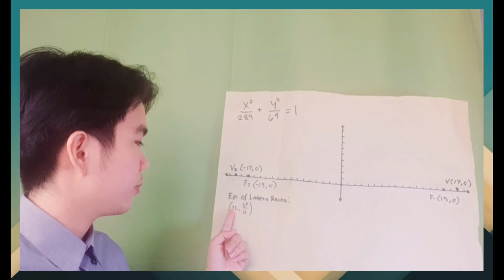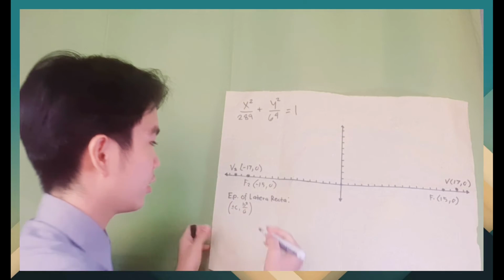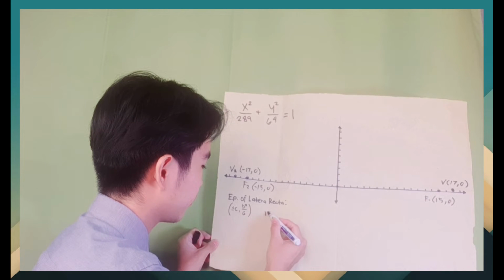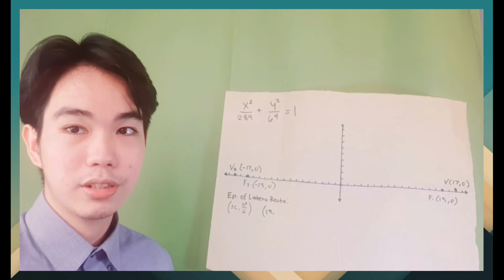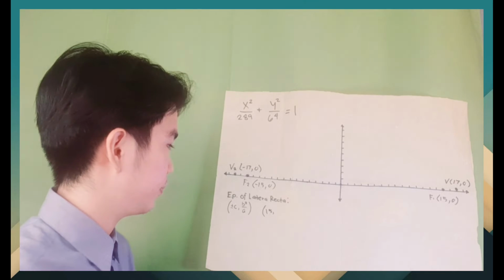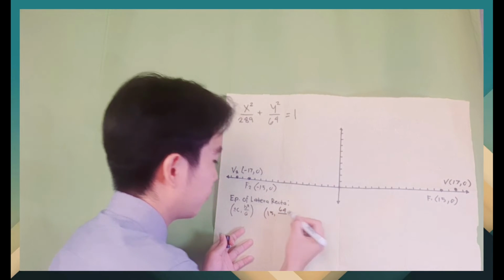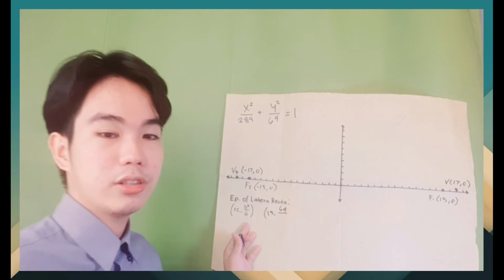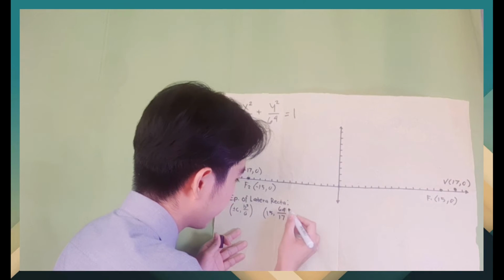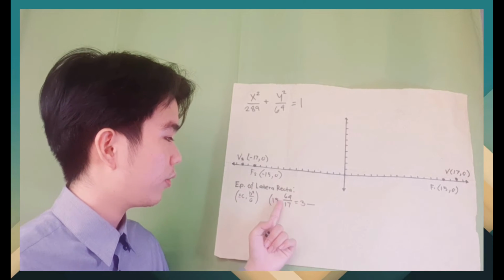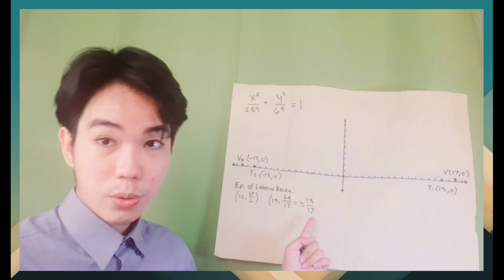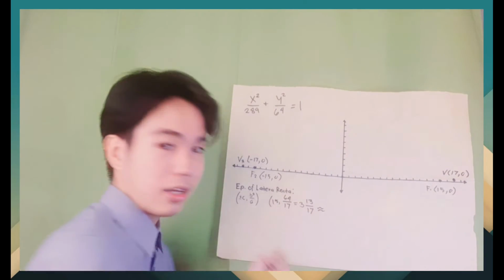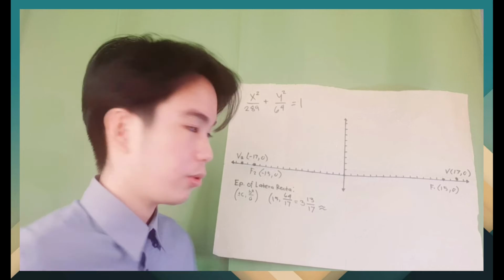The latera recta is plus or minus c, wherein c is 15, and b squared, which is 64, over a, which is 17. So 64 over 17 we can simplify as 3 and 13/17, or approximately 3.76.